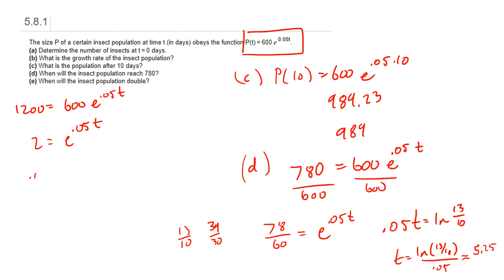In other words, 0.05t is the natural log of 2, so t is the natural log of 2 over 0.05. And again, this is already exactly correct. If you want a 2-decimal estimation, we've got 13.86 days. So in about 14 days, we'll have doubled our insect population.